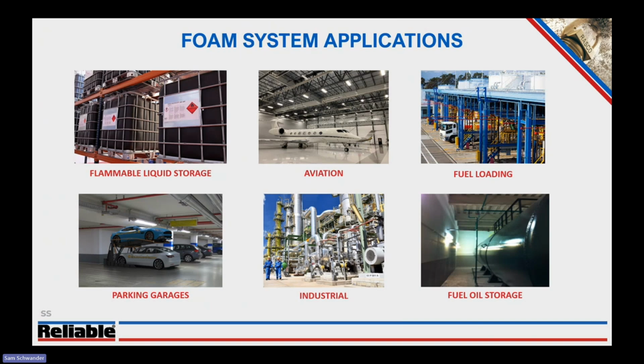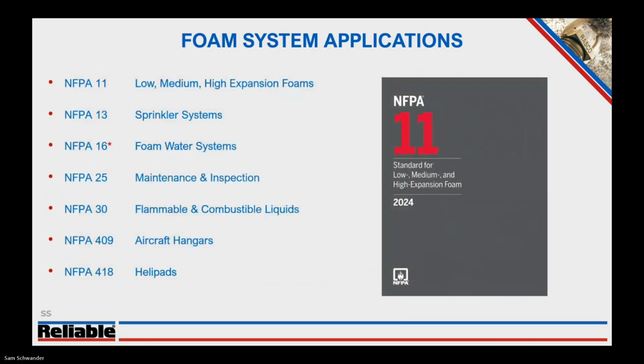We've even seen foam systems required for parking garages. That might be to supplement the standpipe system in the parking garage, or even required for overhead sprinkler systems in these parking garages. Another common application, fuel oil storage, something like diesel fuel storage for a building's backup diesel generator.